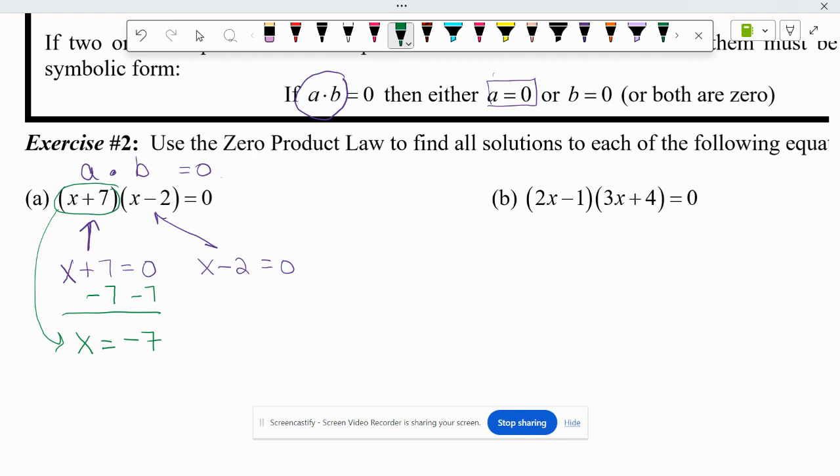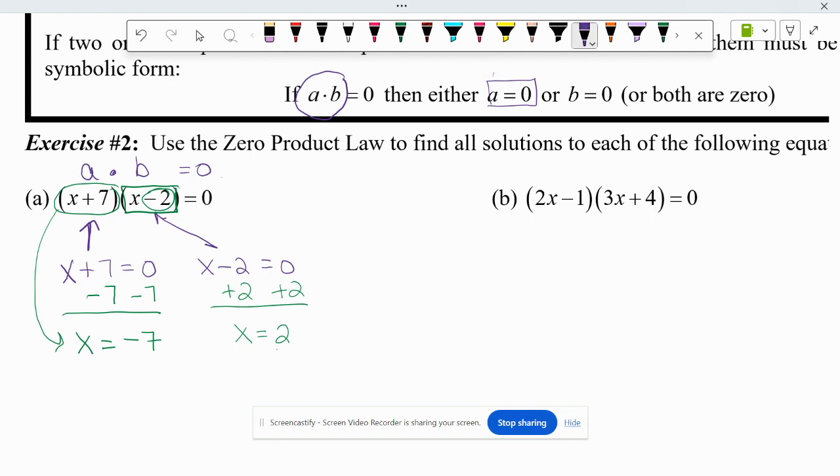Now you know why. If I have a factor x minus 2, it has to equal 0. So I add 2 to both sides, and that tells me that x, my root, is positive 2. Again, we said on Monday that if your factor is negative, the root is the opposite sign, positive. Here's the why. It's because of the zero product property.